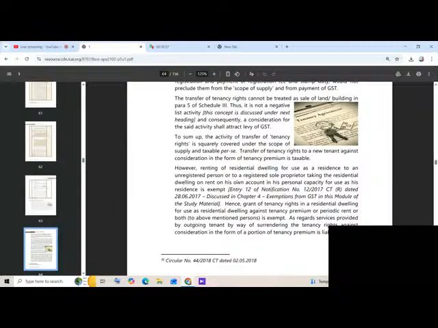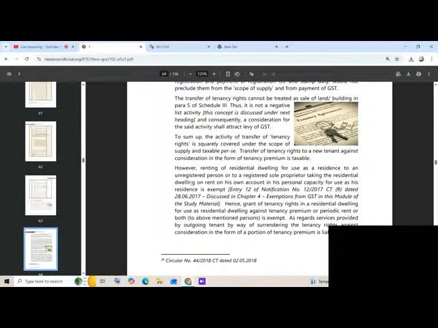Transfer of tenancy rights to a new tenant against consideration in the form of tenancy premium is taxable. However, renting of residential dwelling for use as a residence to an unregistered person or to a registered sole proprietor taking the residential dwelling on rent on his own account in his personal capacity for use as his residence is exempt.